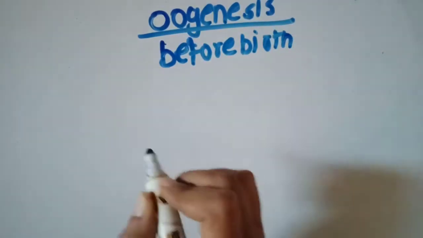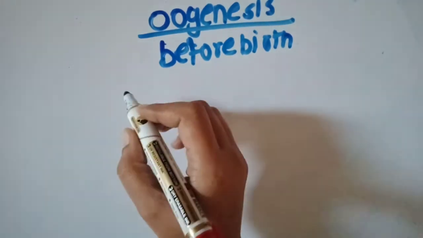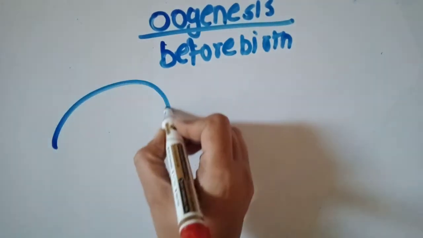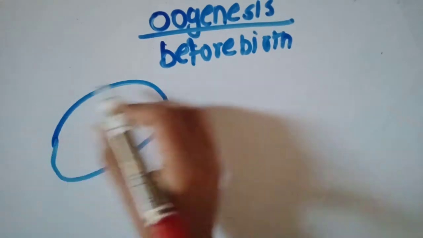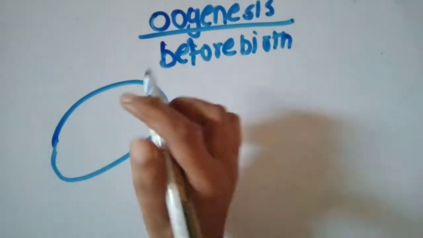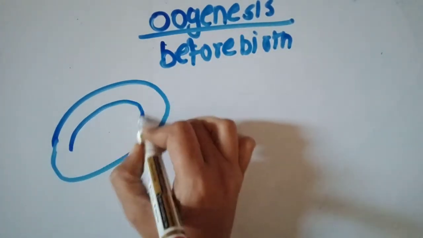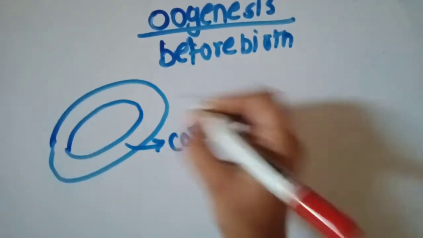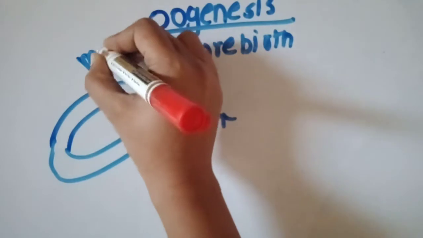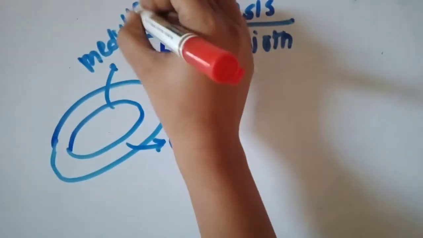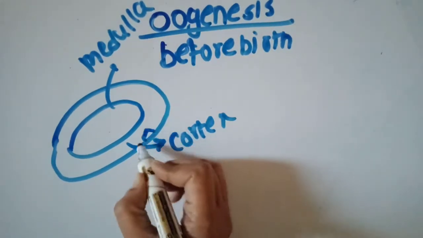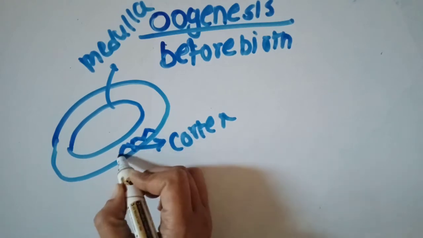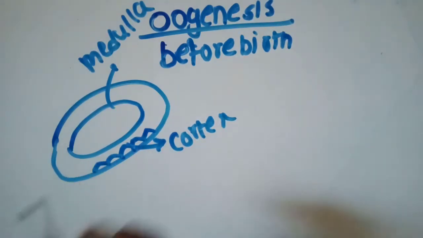So let's start with, first of all I want to show you the ovary structure. If you see the ovary structure, it gets divided into two parts. The outermost part is called the cortex and the innermost part is called the medulla. Inside this cortex there is a germinal epithelium, from which an egg is formed.